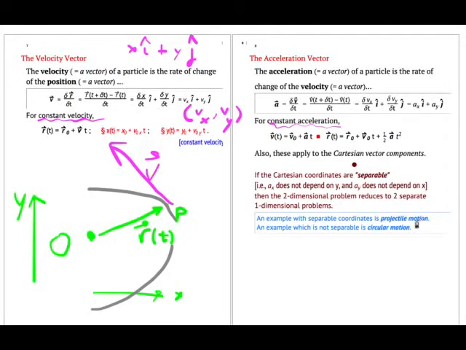Now that may not be separable, but if we neglect air resistance, then we just have a constant acceleration, and any problem with constant acceleration is separable. So we can just solve the two components separately and then combine them. We reduce the two-dimensional problem to two one-dimensional problems. On the other hand, an example which is not separable is circular motion.